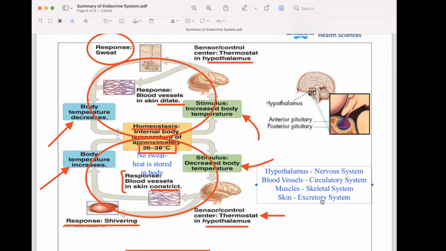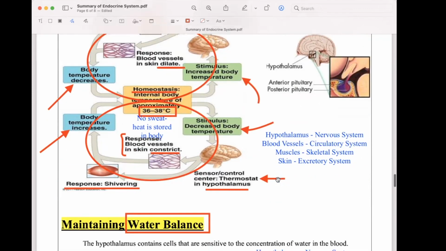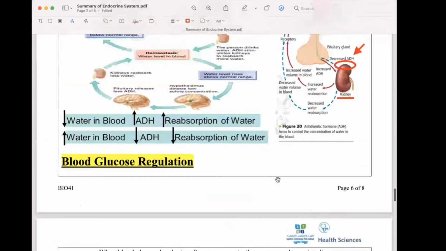So these are the systems involved in temperature regulation. But boys, always remember, we mainly focus on the nervous system and the circulatory system in the temperature regulation, and also the hormonal system definitely will be involved here.